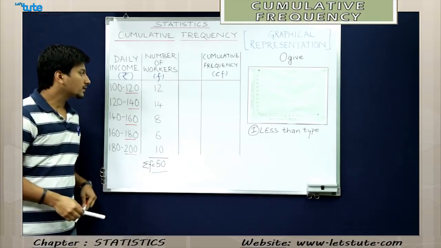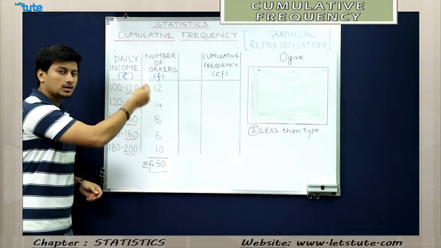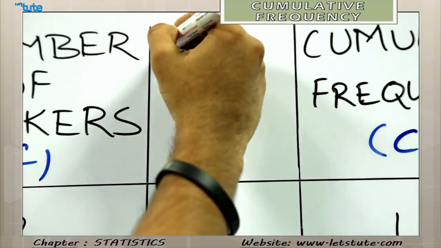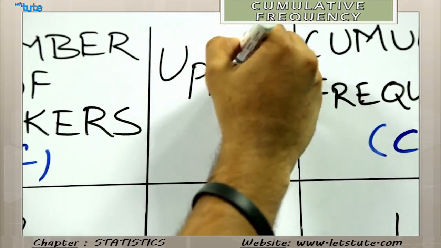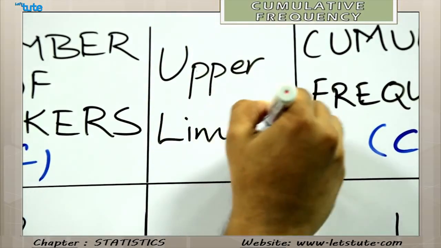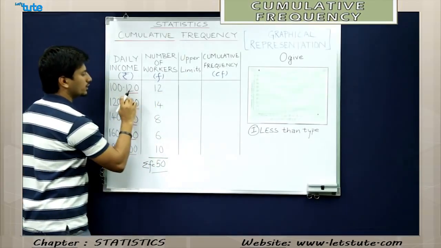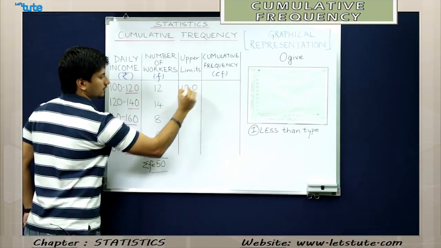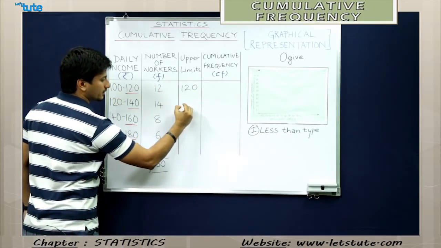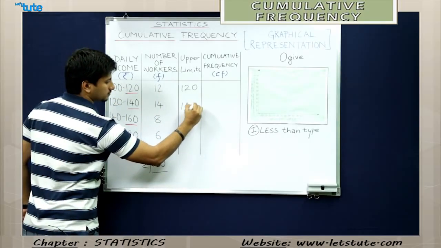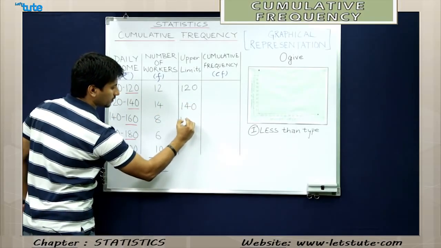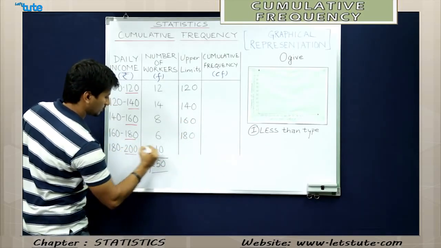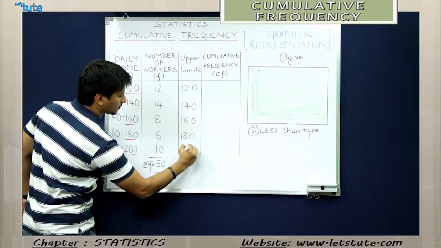So now let's form a column for all these upper limits. 120 is the upper limit for the first group, 140 is the upper limit for the second, 160 for third, 180 for fourth and 200 for fifth.